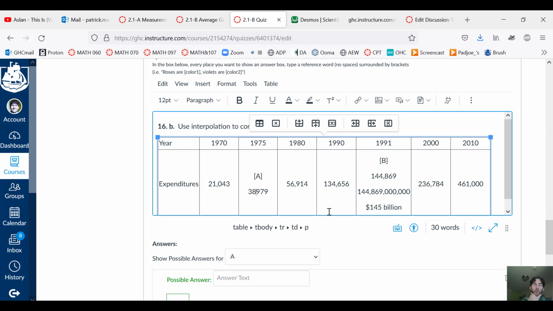Our other answer was 38,979, which is between 21,000 and 56,900. It must be between the numbers on either side. If it's not between them, then you're definitely wrong. So at least check that way by looking and asking, is that in between? Just watch out for that.